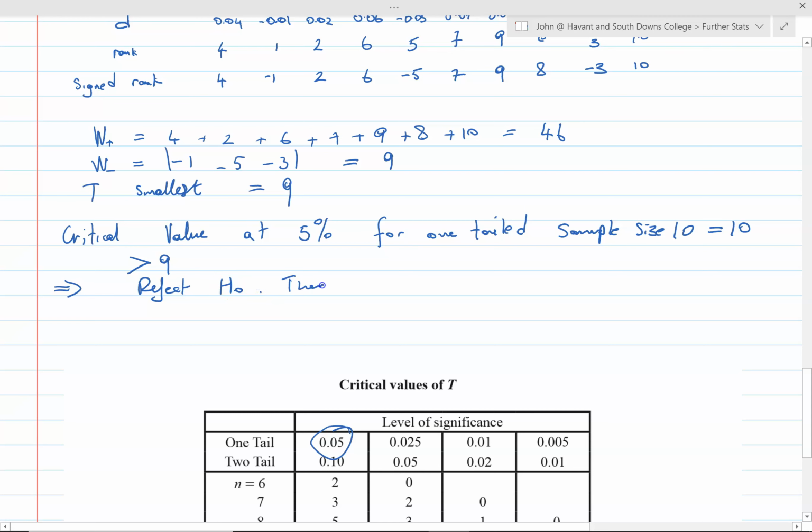There is sufficient evidence, which I'm pleased about, that we've come to that conclusion, because we don't want to be thinking that drinking alcohol has no effects on reaction times.